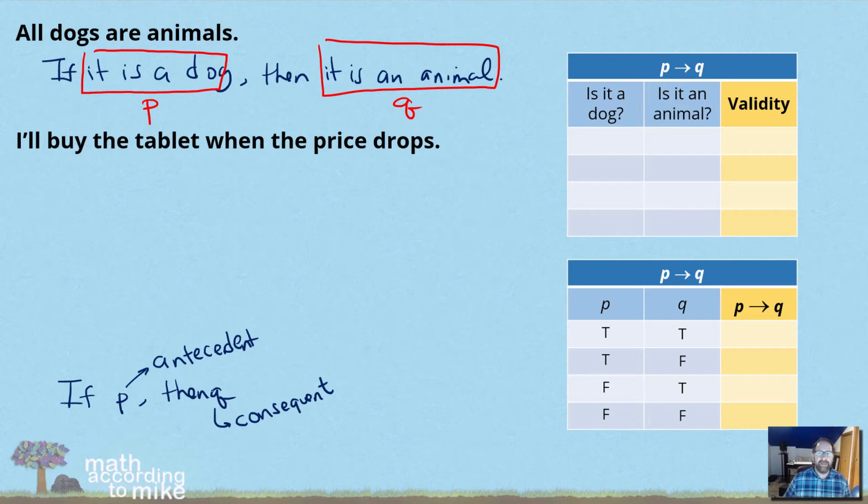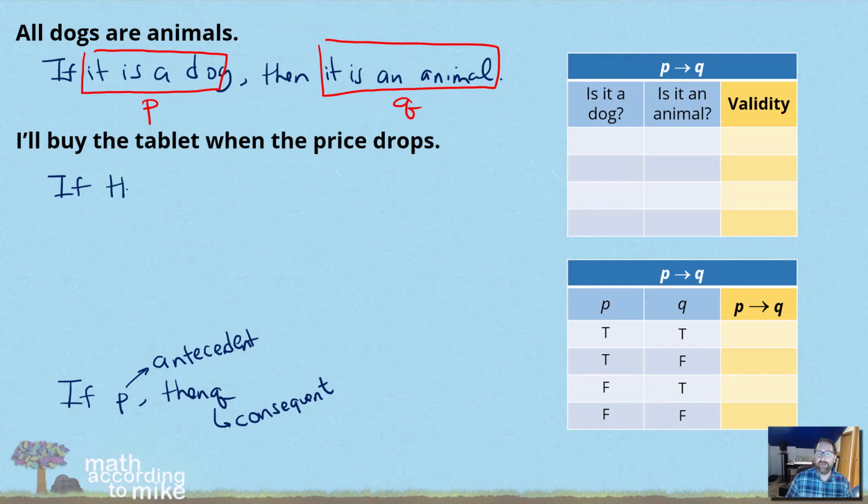Next one, I'll buy the tablet when the price drops. So try to do the same thing. Pause the video, think about this sentence in an if-then way. Okay, hopefully you said, if the price drops, then I will buy the tablet. What has to come first for me to buy the tablet? The price has to drop.